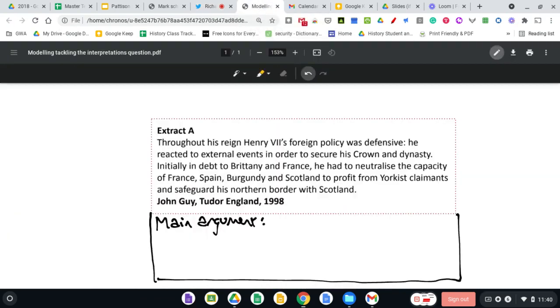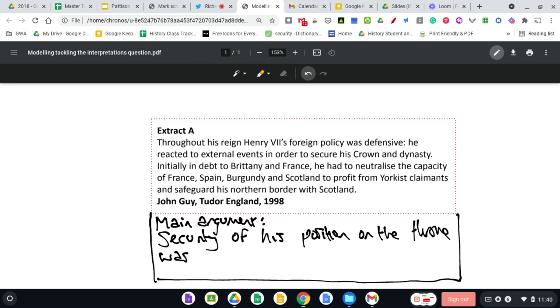Okay, so the main argument, well, it's quite clear here from reading it that the main argument is that security of his position on the throne was the main focus of Henry's foreign policy.